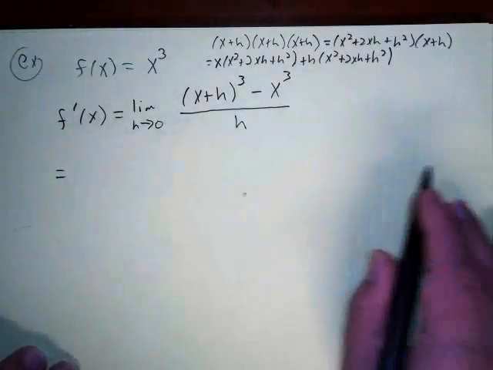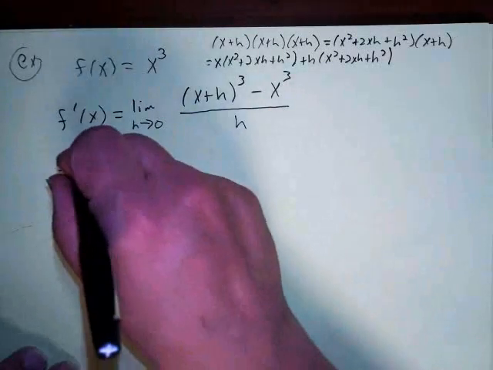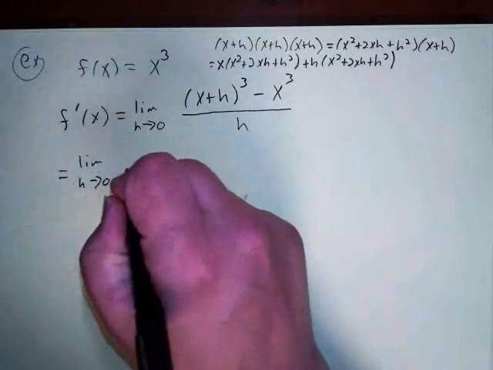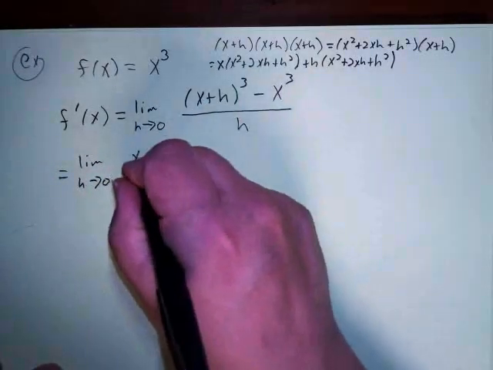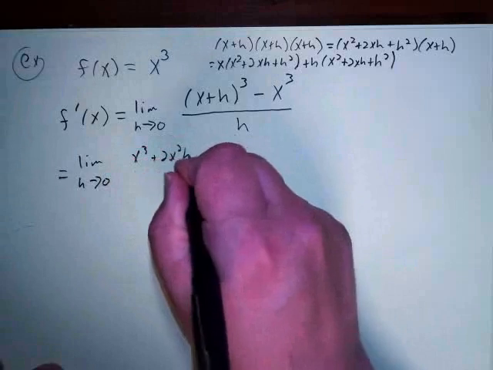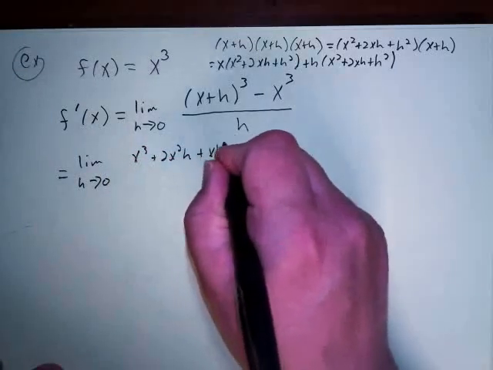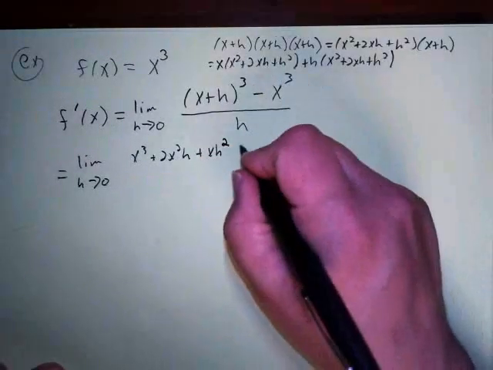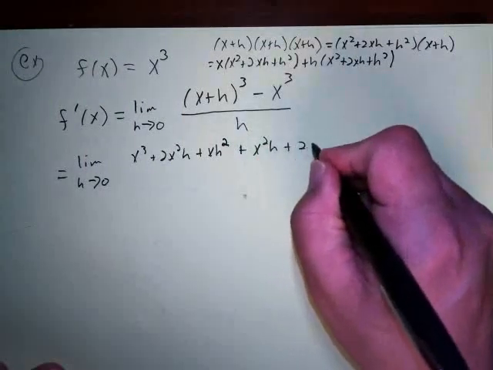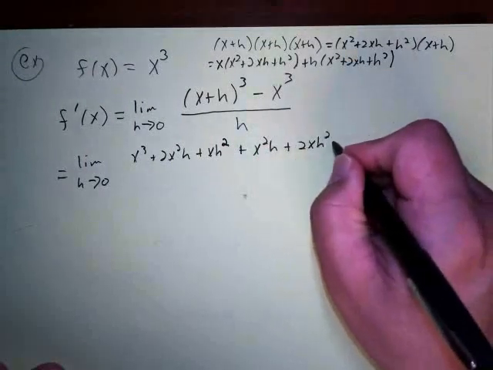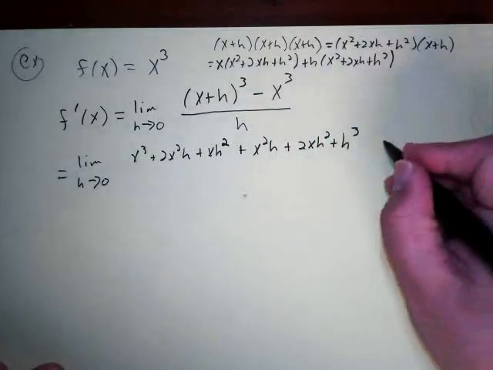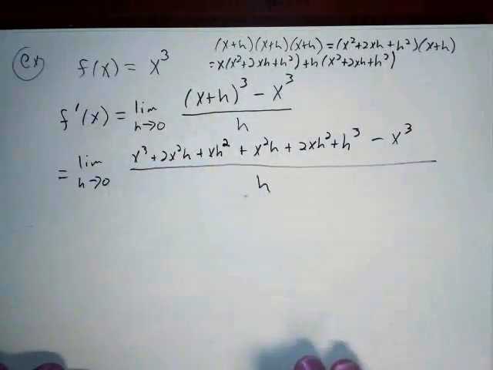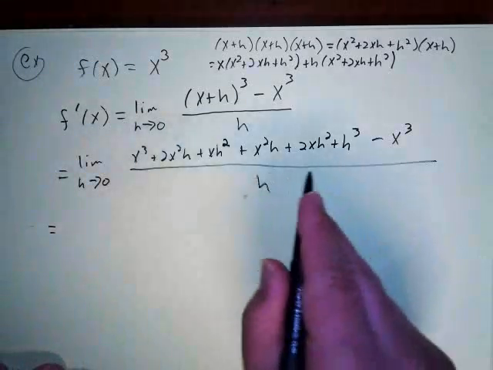So the limit as h goes to 0, I would get x cubed plus 2x squared h plus xh squared, and then plus x squared h plus 2xh squared plus h cubed. All this minus x cubed all over h.